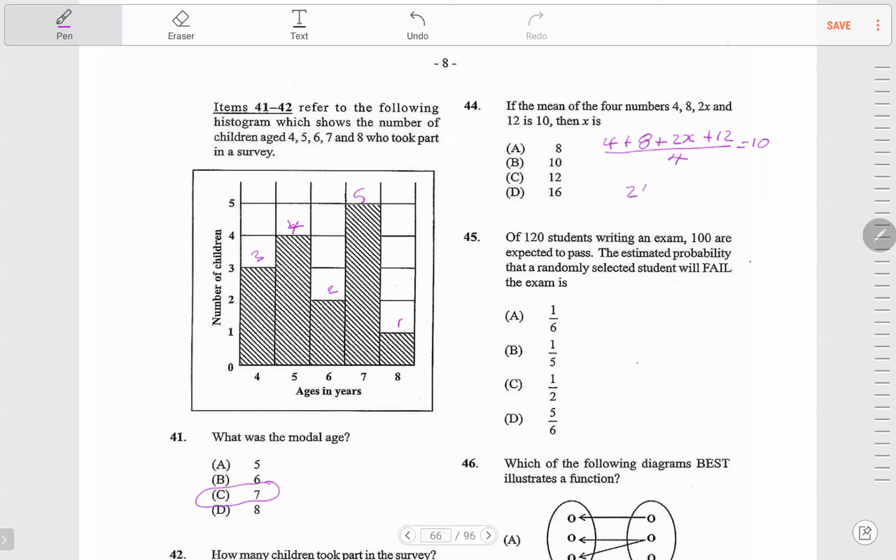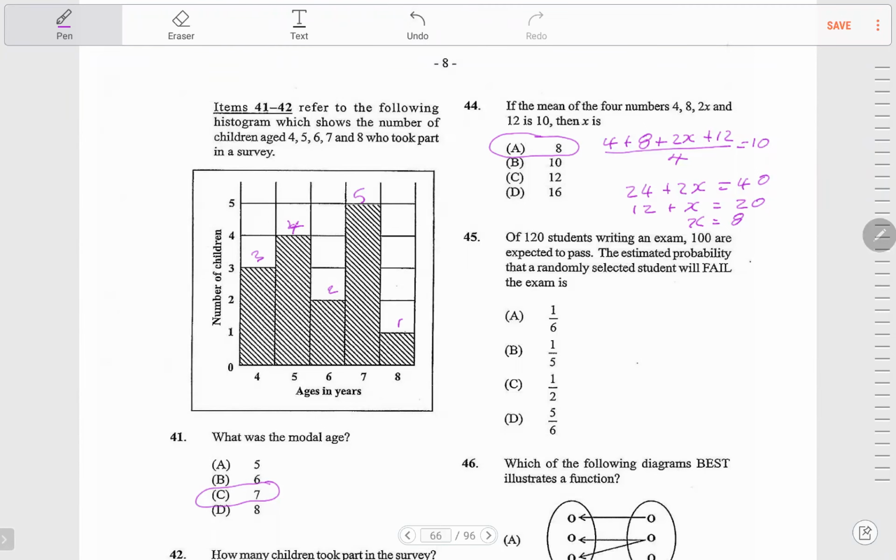So it's 24 plus 2x. And you multiply the 4 across here, you get 40. So 24 plus 2x equals 40. You can divide by 2 and get 12 plus x equals 20. And therefore x equals 8. So x must be 8. You set up an equation like you're working out the mean, and then you find the unknown x.